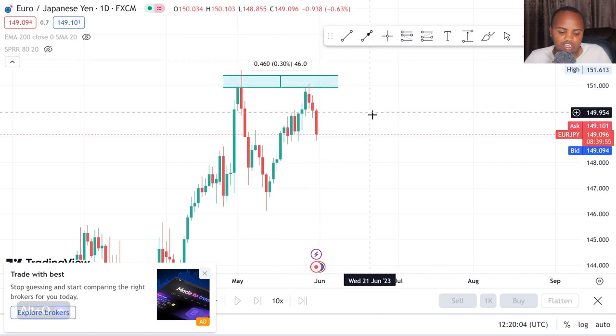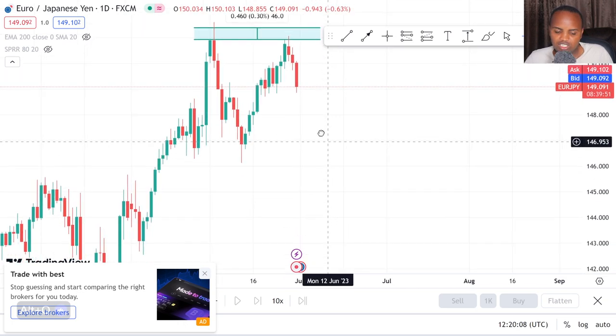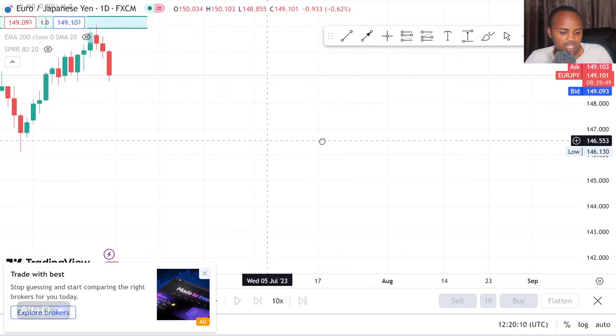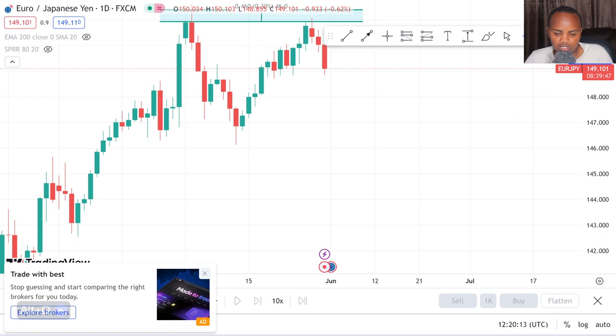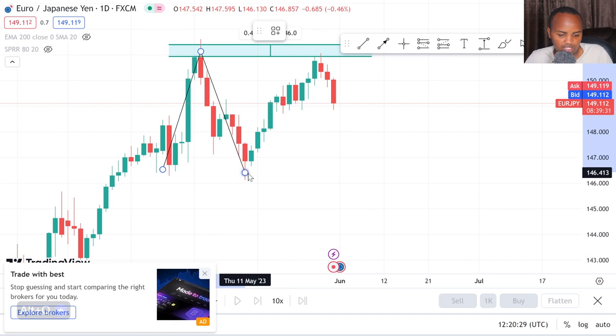The market moves like this, and after that you can see we have something that has been formed over here. Let me draw so that you can see.